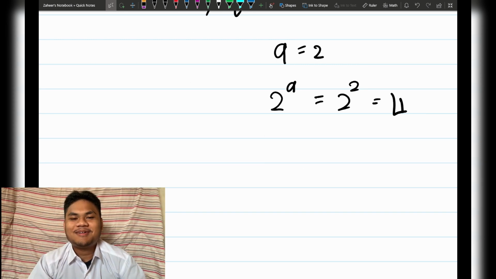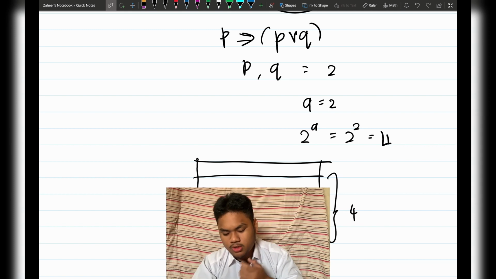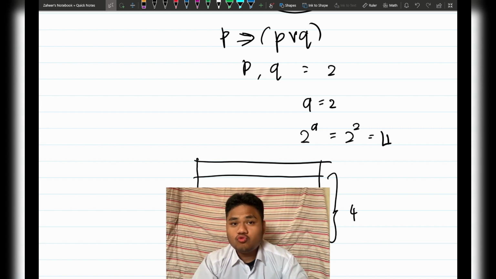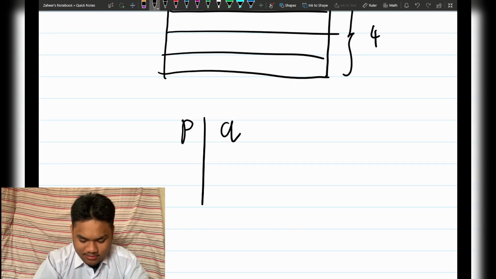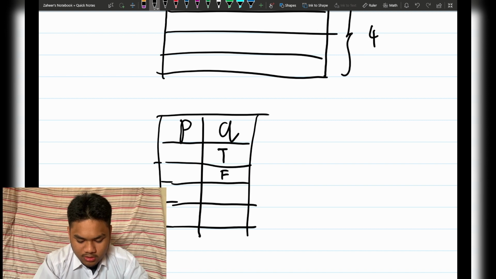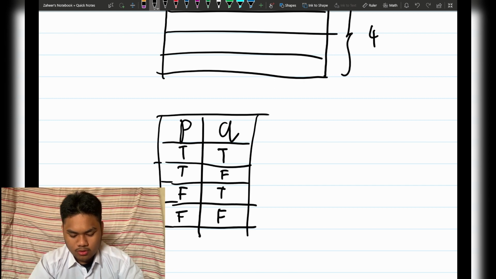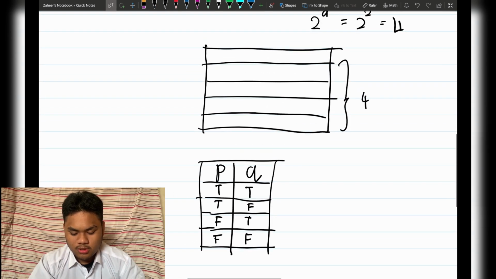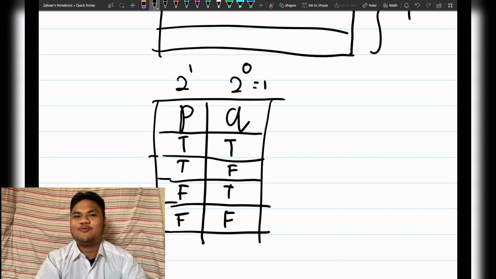Now I will make the table. After knowing the size of the table, we have to put true, false, true, false, for P and Q. How can I get the positions of true and false? You use 2 to the power of 0 and 2 to the power of 1. 2 to the power of 0 is equal to 1 and 2 to the power of 1 is equal to 2.